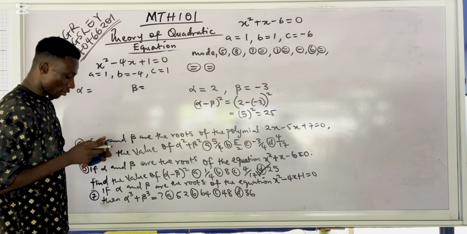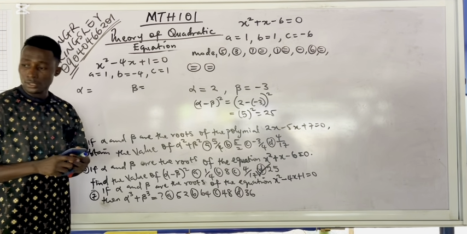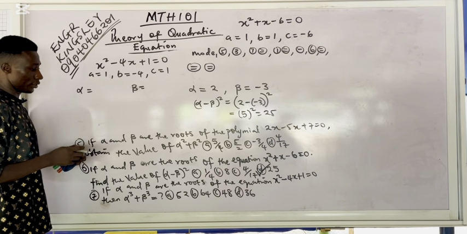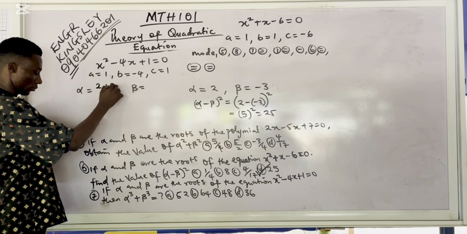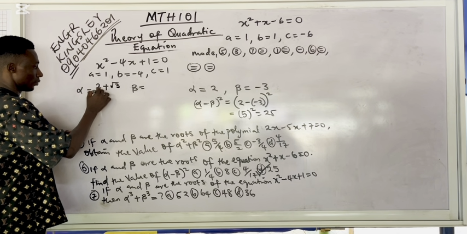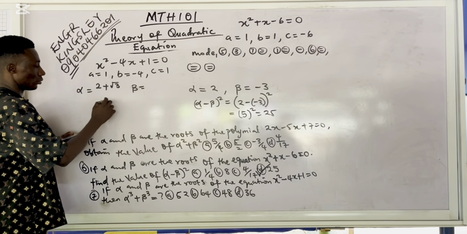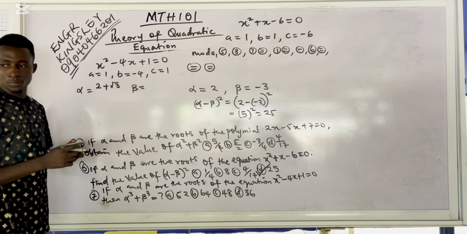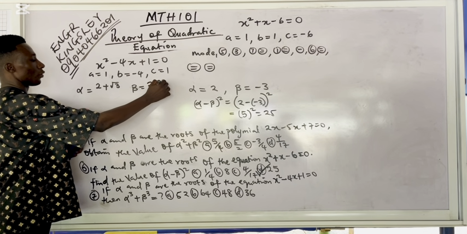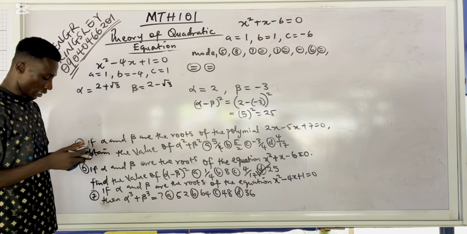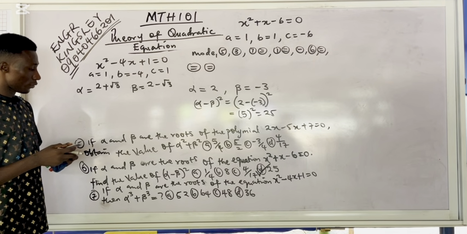Okay, with your calculator mode 5-3, you get alpha. Alpha is 2 plus root 3 and beta is 2 minus root 3.